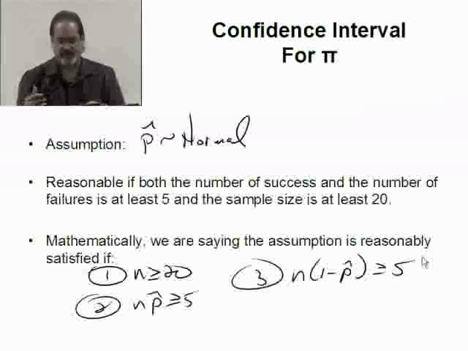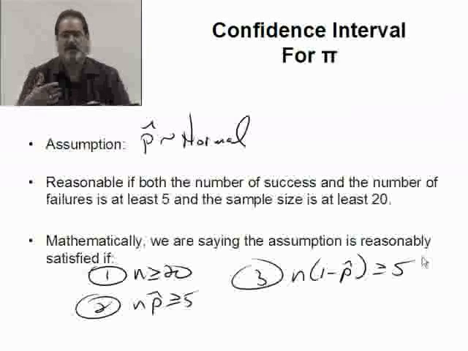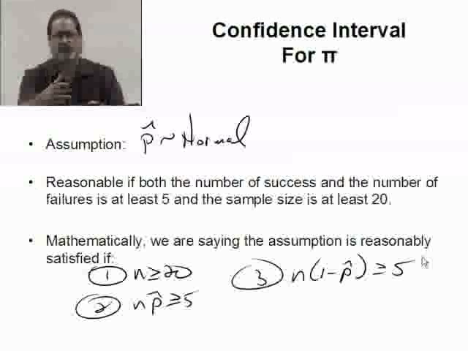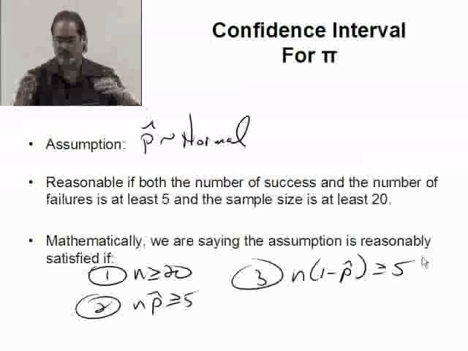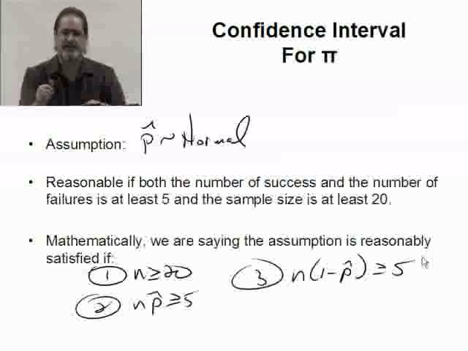So if we can show that satisfied, then we have a normal distribution. Now we have a way of calculating probabilities, and we can go ahead and do the confidence interval. Okay, so in the next segment, let's take a look at actually applying this to proportions and doing a confidence interval.